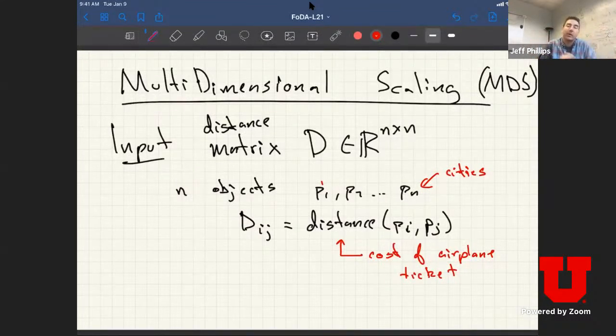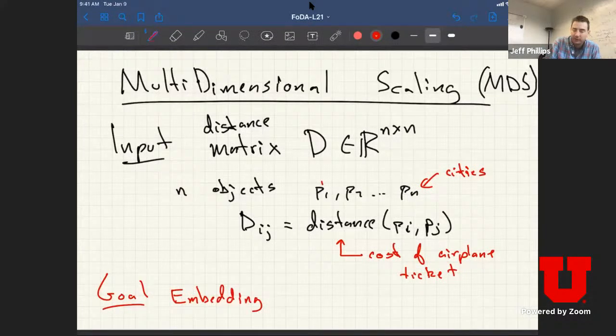So I'm not given their locations, right? Maybe now what I want to do is embed them. I want to map these into a location, right? My goal is now an embedding of P1 through Pn into R^k.